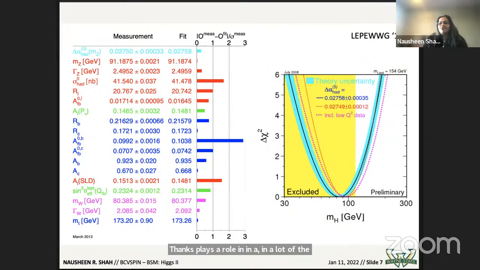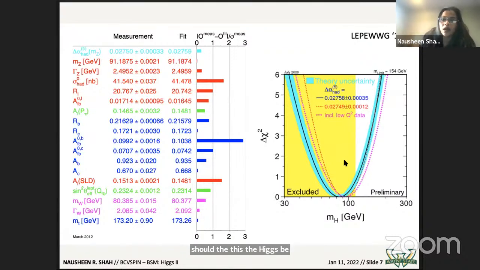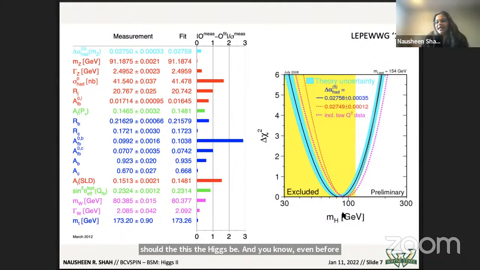And so from measuring all of these quantities, even before the discovery of the Higgs, you could try to figure out, well, where does the data point me to, like how heavy should the Higgs be? And even before the discovery of the Higgs, we knew that the Higgs had to be somewhere around 100 GeV or so. So that's great.